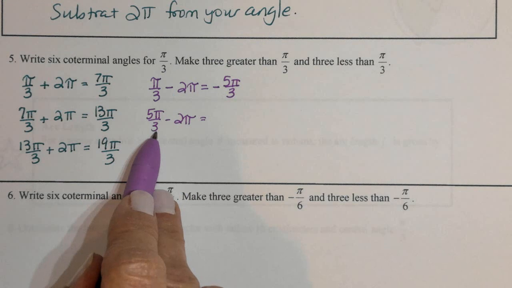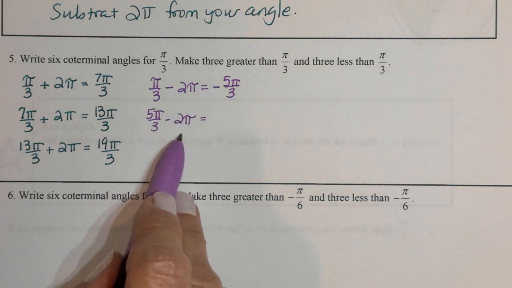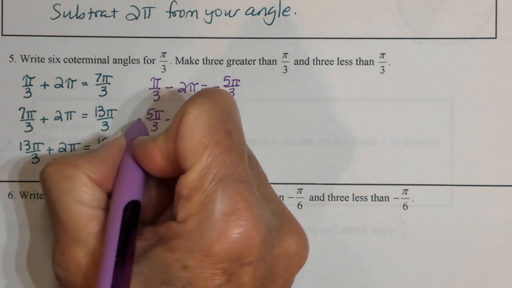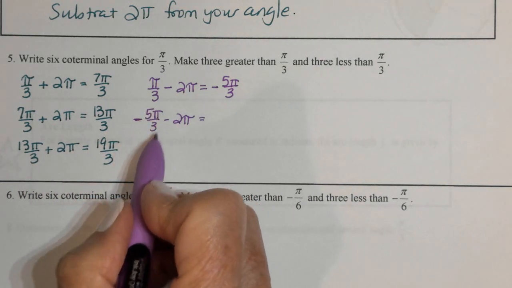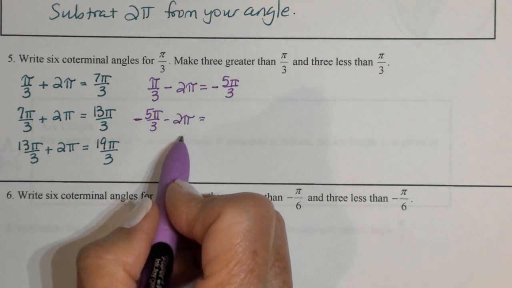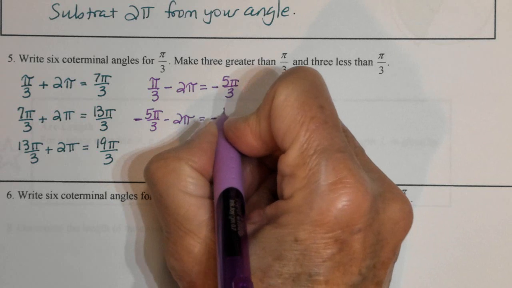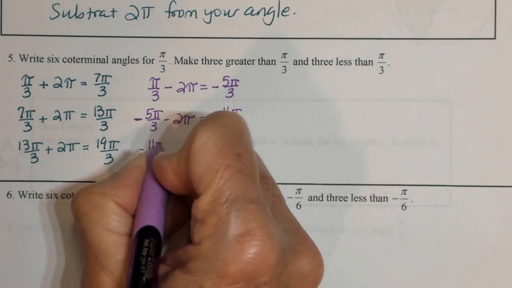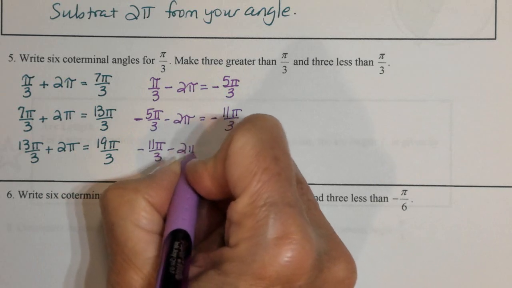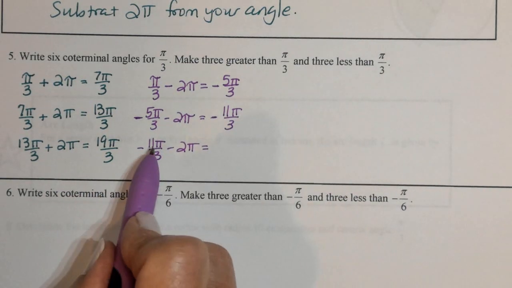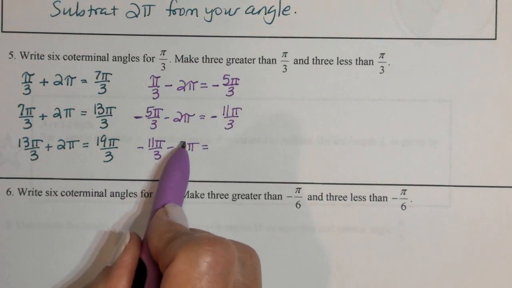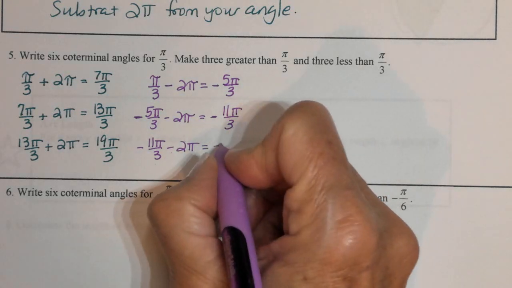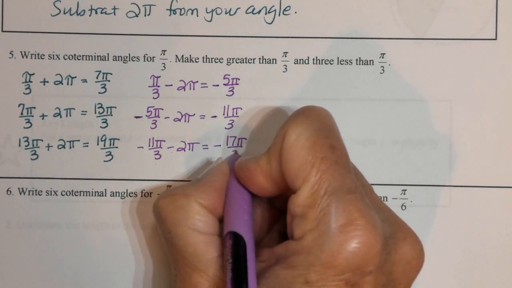So negative 5 pi over 3 minus 6 pi over 3. Oops, that's negative. Negative 5 pi over 3 minus 6 pi over 3 is negative 11 pi over 3. Negative 11 pi over 3 minus 2 pi. Negative 11 pi over 3 minus 6 pi over 3 is negative 17 pi over 3.